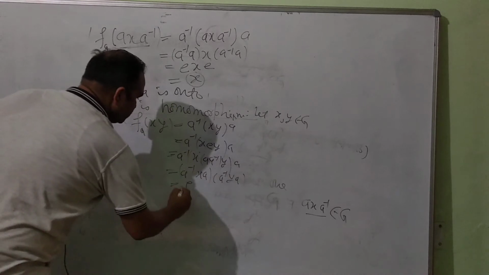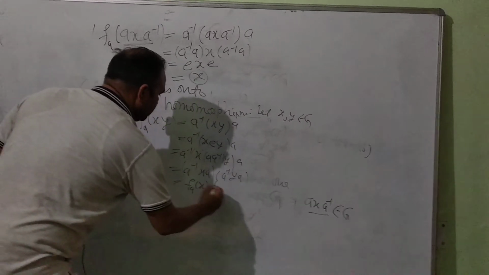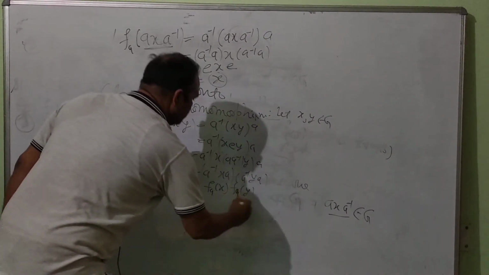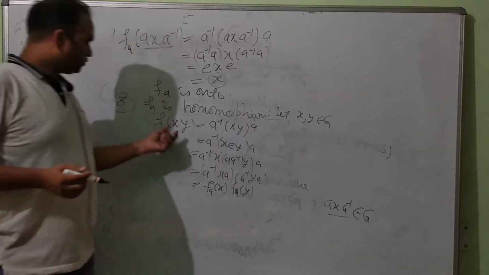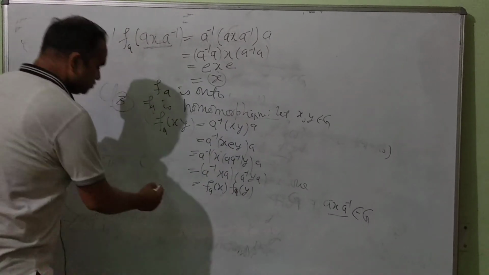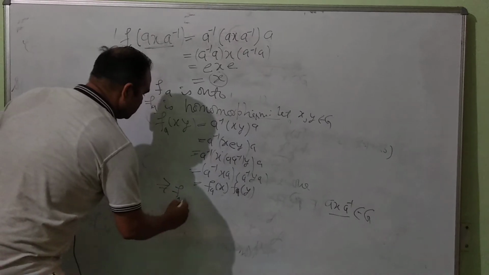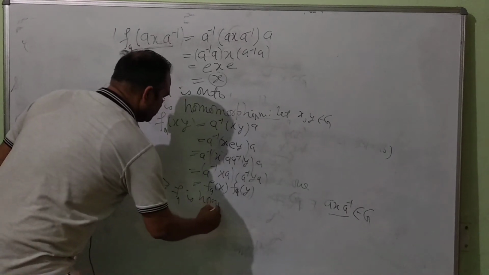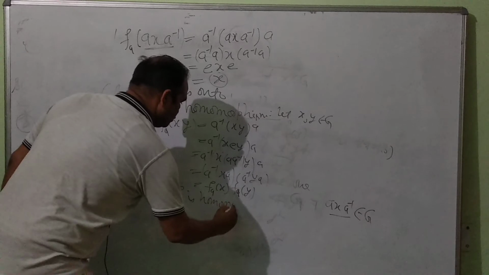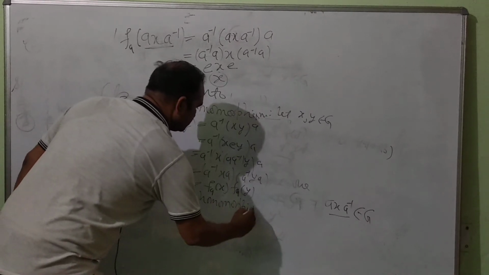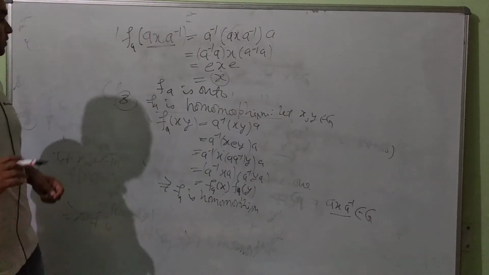So this is by definition f_A of x into f_A of y. So f_A(xy) is equal to f_A(x) into f_A(y). So this implies this function is a homomorphism, right?